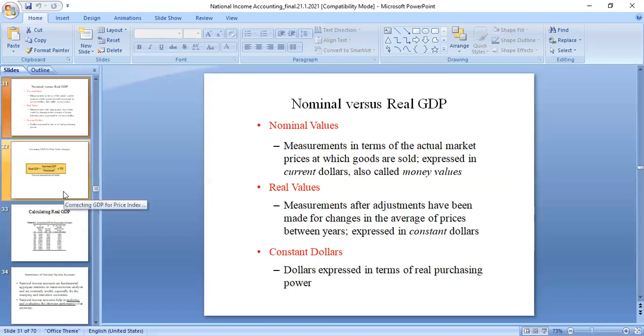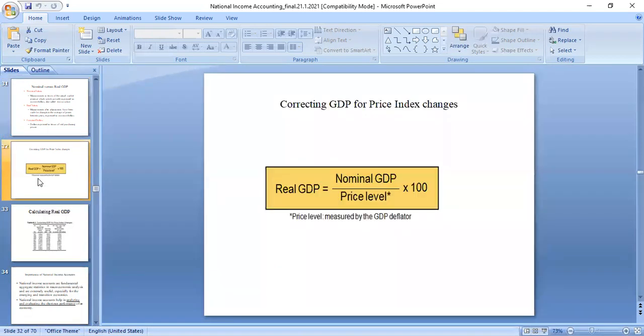It will basically not be in monetary value. Then real GDP is calculated by getting nominal GDP. What's nominal GDP? We've seen that it is GDP at market prices divided by the price level times 100. That's how we get the real GDP.